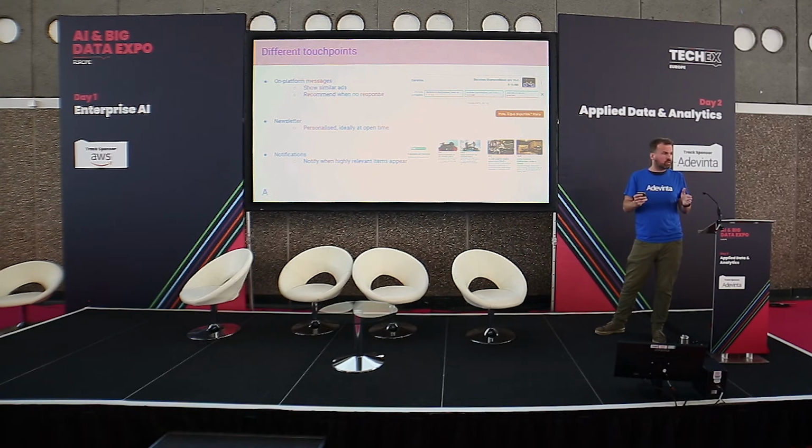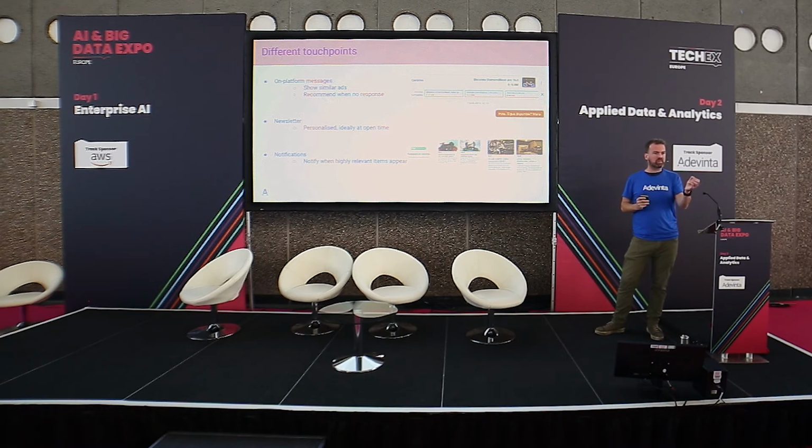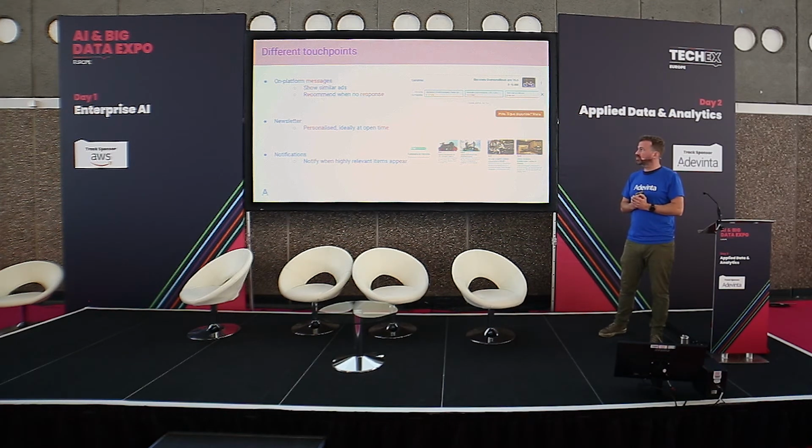Is this a good price for you? But it can happen that a seller doesn't respond. And then rather than having that be a kind of dead-end street experience for the buyer, we could offer recommendations and say, well, there are these other ads that are very similar to the one that you just sent a seller a message to. Maybe you'll get more success there.